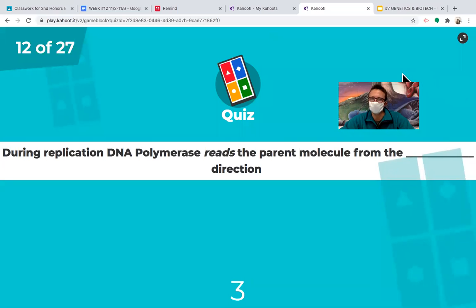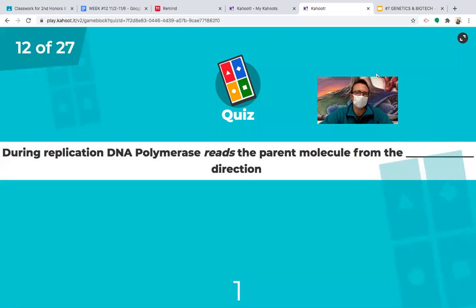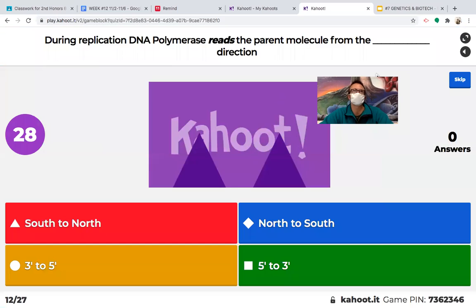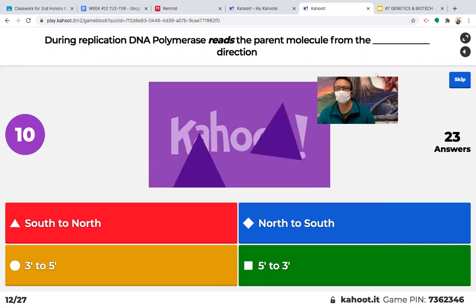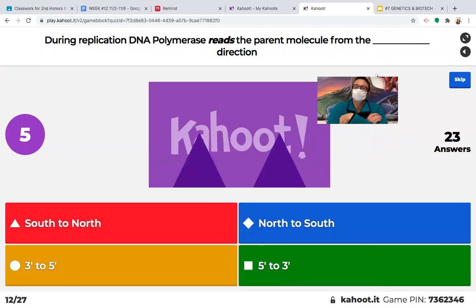During replication, DNA polymerase reads the parent molecule from what direction? Sometimes we call the parent molecule the template strand. So DNA polymerase would attach and read in this direction while synthesizing the new strand in the opposite direction. This is a pretty tough question. How do you read a number line?